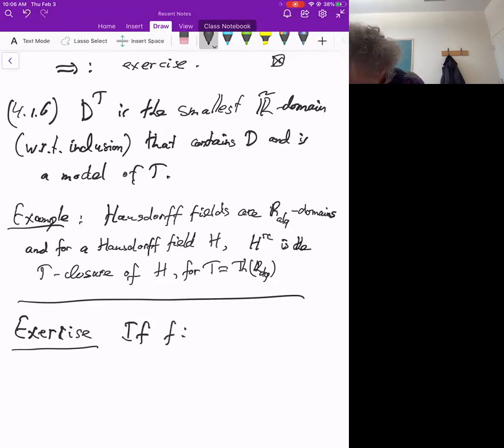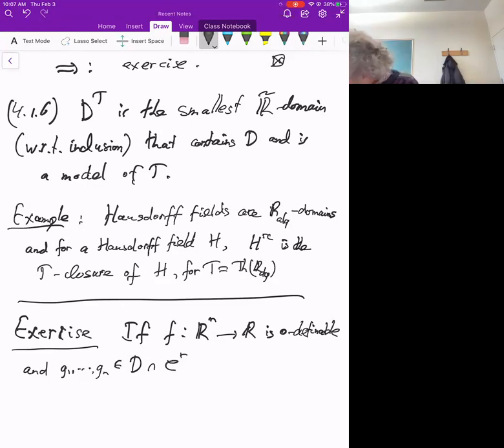If f from R^n to R is zero definable, and this is really an exercise in using a little bit of o-minimality, and g_1 up to g_n are in D, but also C^r, yeah, they are r times continuously differentiable germs, and r is now a natural number.